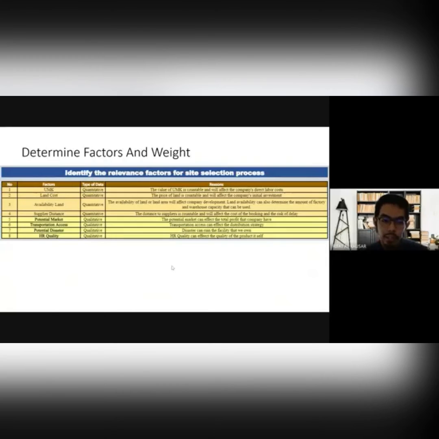First is UMK, the value of UMK, land cost, land availability, the supplier distance, and then the potential market, transportation access, potential disaster, and air quality. So we think that these 8 factors are important to determine the location planning. Next.